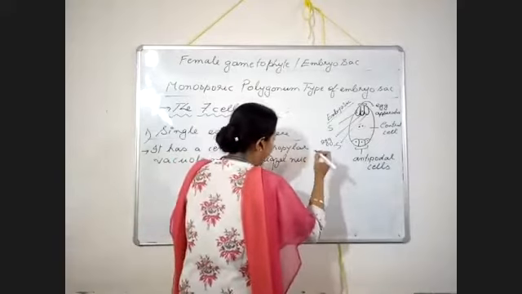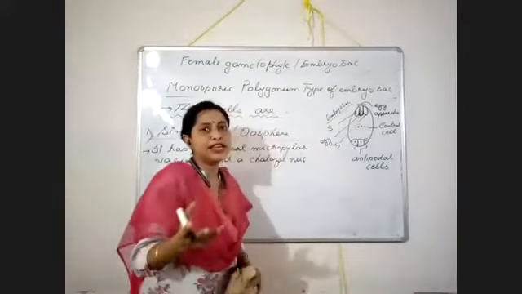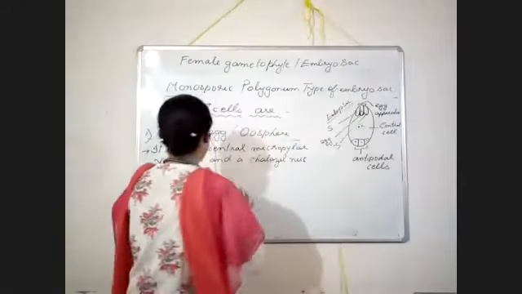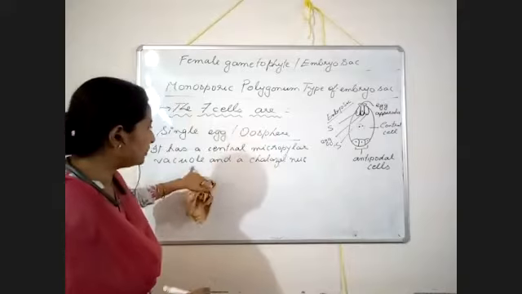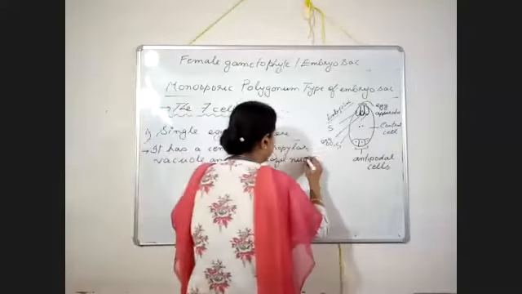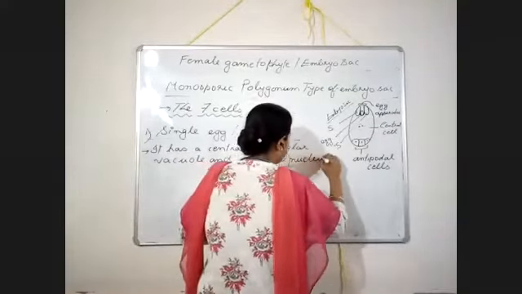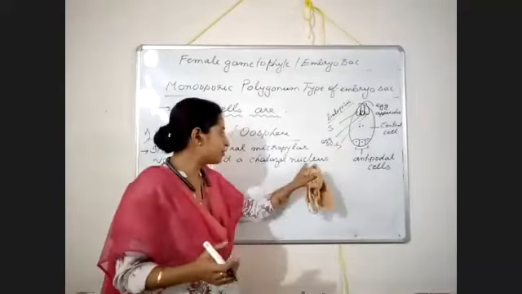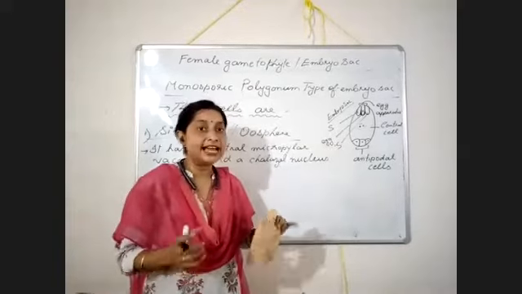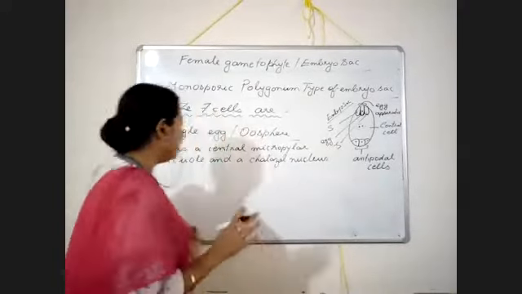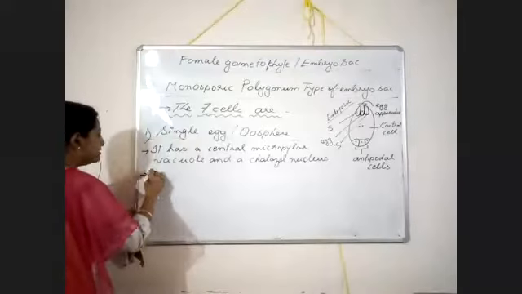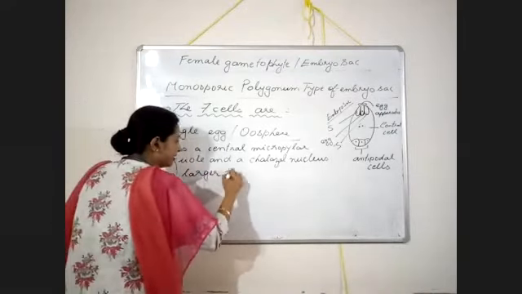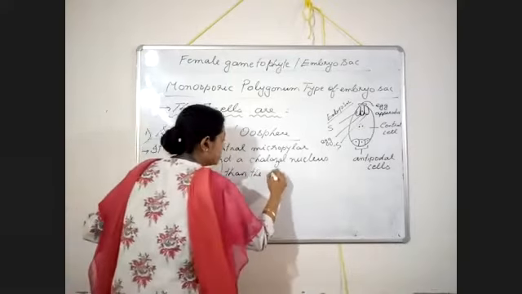If the egg is a cell, obviously it has a vacuole and a nucleus. The nucleus always lies towards the chalazal portion and the vacuole towards the micropylar region. The second point is, it is larger than the synergid.